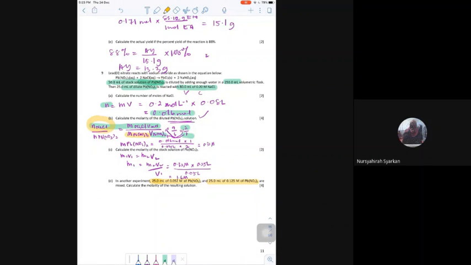If we mix these two solutions, they come from two different containers. I have the concentrated one, which is 0.125 molar, 25 ml, and then the dilute one, 25 ml also, 0.052 molar. Then I mix these two containers.